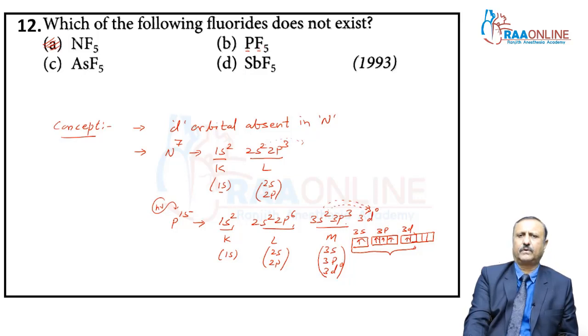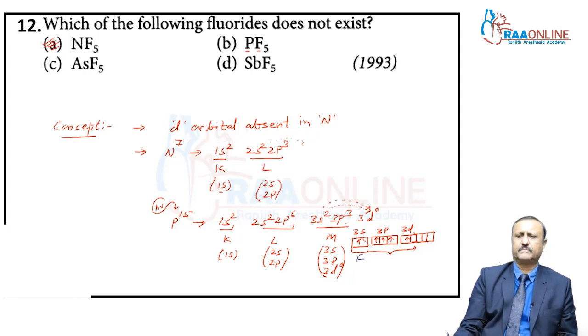These 5 fluorine atoms come with phosphorus, and when the fluorine atom sees this unpaired electron, it wants sharing, because one unpaired electron is present in fluorine. So, my dear students, you can see here 5 fluorine atoms share electrons and form covalent bonds.